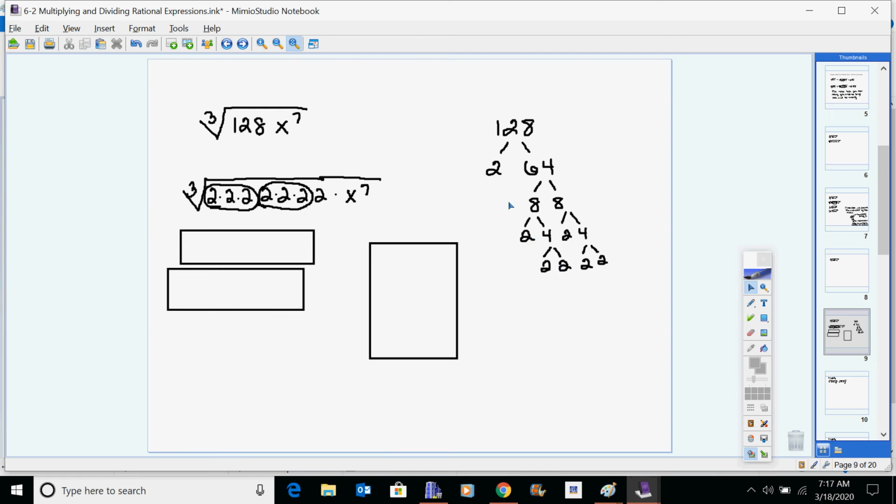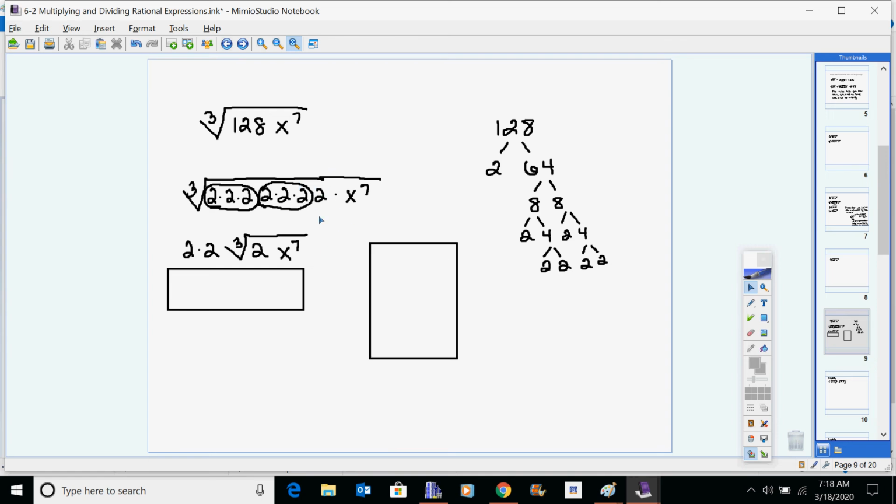So we have 7 of them. Here's 3 2's here, 3 2's here. One more 2. And then x to the 7th. So 1, 2 2's come out. And we still have our x to the 7th to deal with.